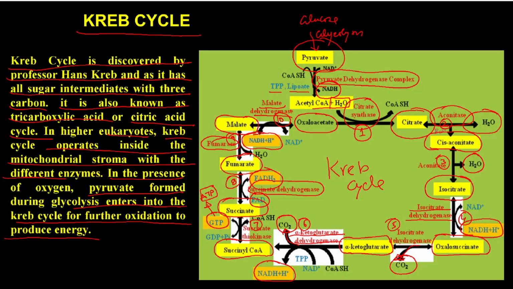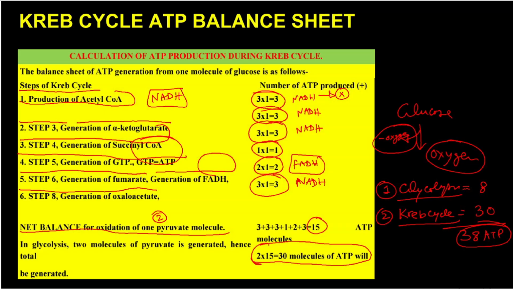So if we see the balance sheet again for the Krebs cycle, the production of acetyl coenzyme A, and then at step 3 the generation of alpha ketoglutarate, again it is a number of ATP produced. So finally what we will get is 30 molecules of ATP from this Krebs cycle, and 8 molecules that we got from glycolysis.